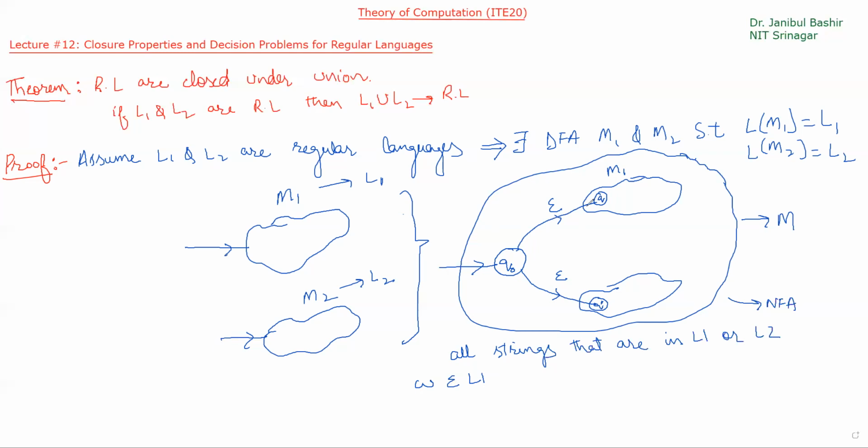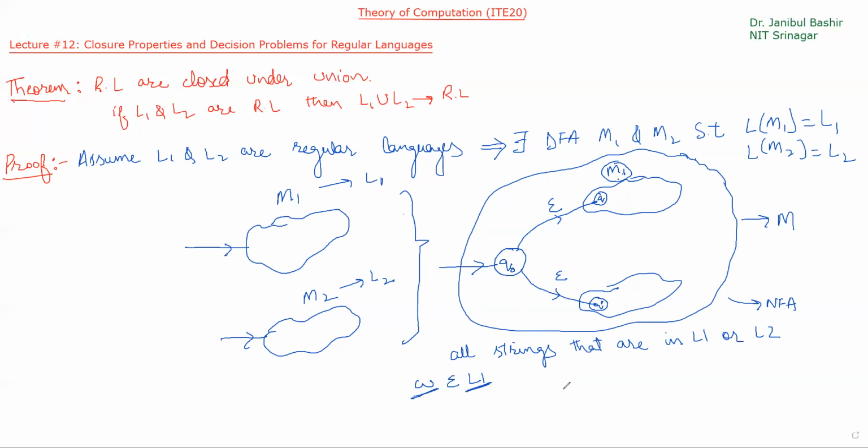Let's say it has gone to the above one, M1. In M1, it will start from this state, Q dash, with the string W. And we know that when this W is given to M1, we will reach a final state, because M1 recognizes the language L1. So when W is given to this NFA, we will reach a final state.